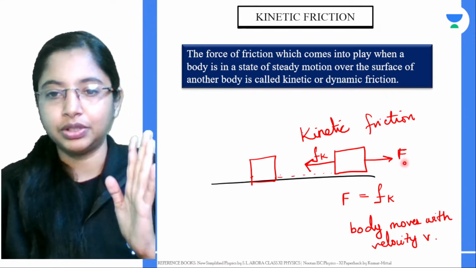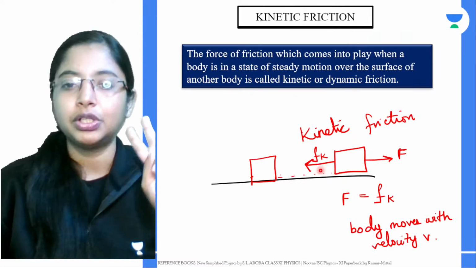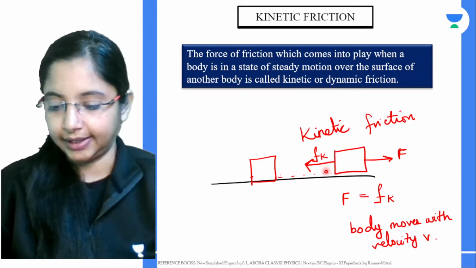Whatever the applied force is, your frictional force will always be in the opposite direction, let it be the limiting friction, your kinetic friction or your static friction. It is always in the opposite direction.